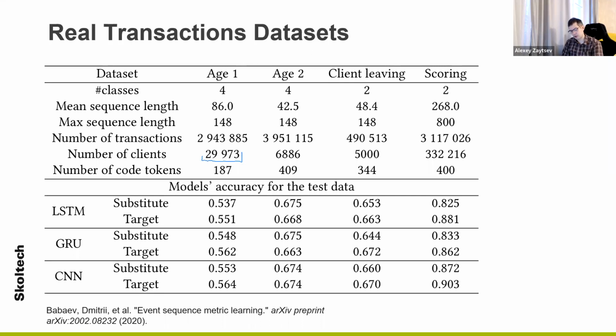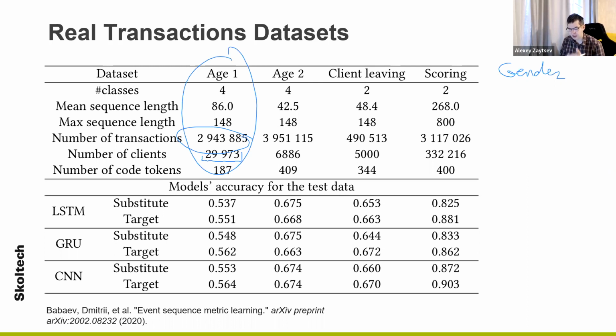Yeah, a lot of transactions, about 100 for each client, but generally the sample size is not that big. And the story is the same for gender. We didn't include it here, but the amount of data available in the gender data set is quite close to what we observe in the age data set.